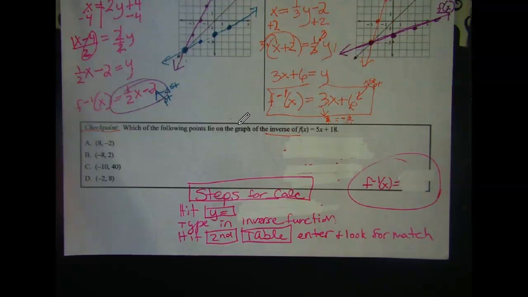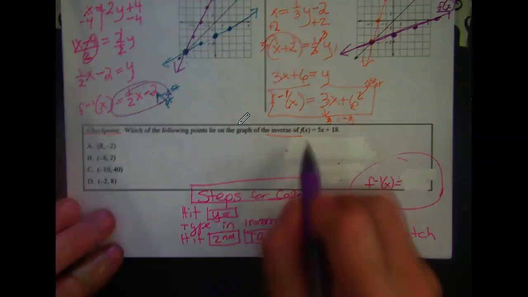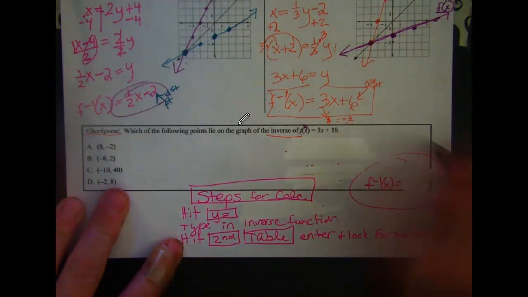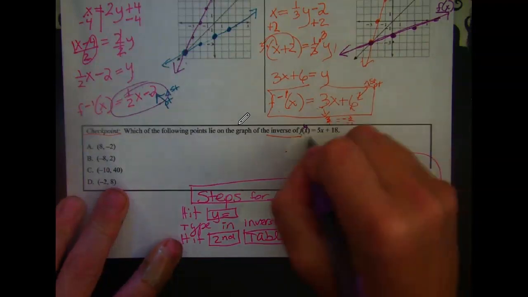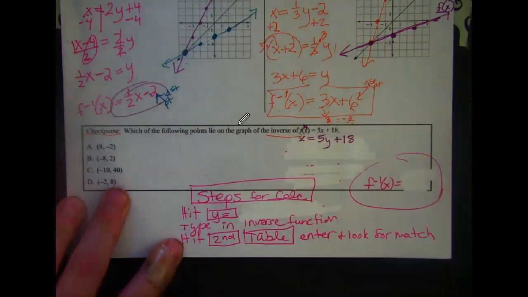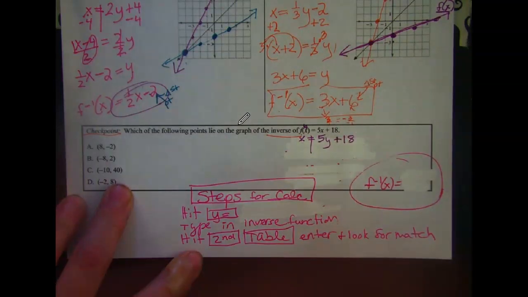Okay, so as you can see, I did a little bit of work on the pause, but we'll get to that in a second. So let's just write out this inverse. Remember, that changes to the y, and then we flip the x and the y, so it becomes x equals 5y plus 18. And now we're going to solve, or get the y by itself. I like to draw this in just to make sure my work is nice and neat.